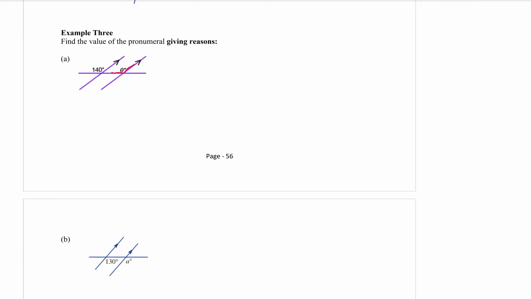So arms around the theta, arms around the 140, and that is making an F shape. They are called corresponding angles, and we know that they are equal. So all I need to do is say that theta is equal to 140 degrees because corresponding angles are equal. That's how you need to write that reason down.